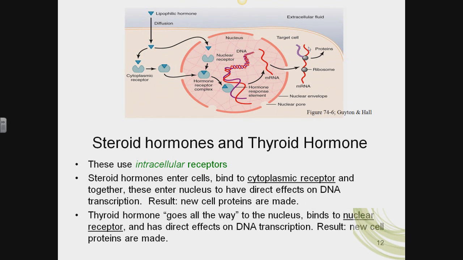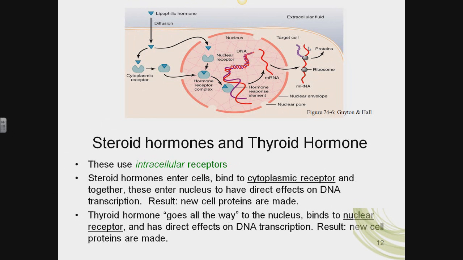Thyroid hormone is a quirky hormone. On the previous couple slides, you saw that thyroid hormone is derived actually from tyrosine amino acid residues. And yet, it has the action or behaves as if it's a steroid hormone, even though it's not.